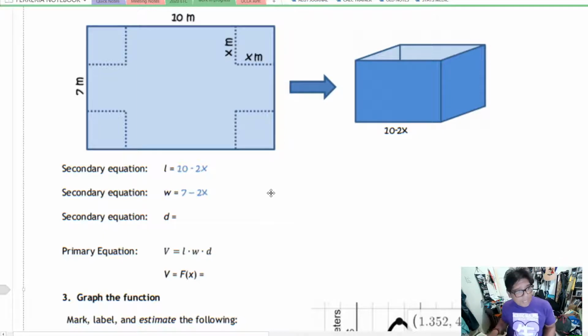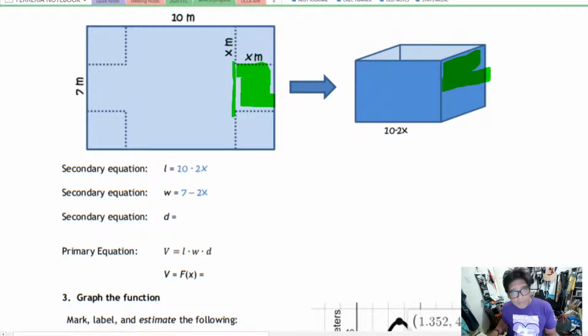And lastly, what about the depth of this box? Well, remember, we're going to fold up over here, and this side over here that I'm marking in green is going to be this part right here. This front part, I'm going to do in blue. I hope that's not too distracting.